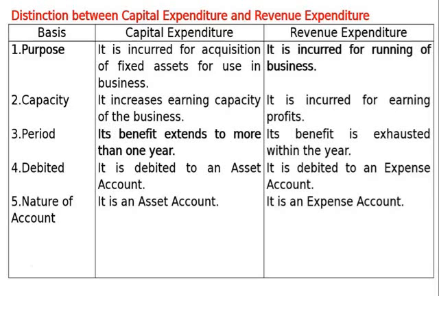So revenue expenditure is debited to the expense account, and capital expenditure is debited to the asset account. Nature of account, fifth number: capital expenditure is an asset, revenue expenditure is an expense. So it is an expense account, and capital expenditure is an asset account.